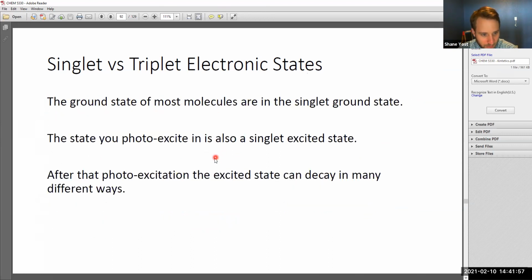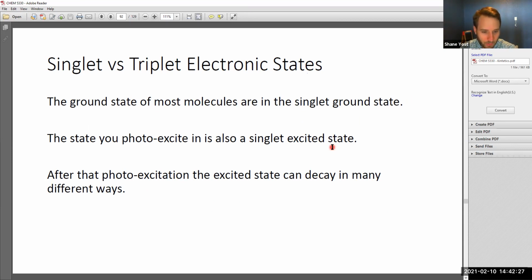The key thing out of all of that is that typically your ground state for most molecules is a singlet, and the excited state that you're going to excite into is going to be a singlet, because when you absorb light, at least at low enough intensities until you get the higher order effects, it isn't able to flip the spins of your electrons.